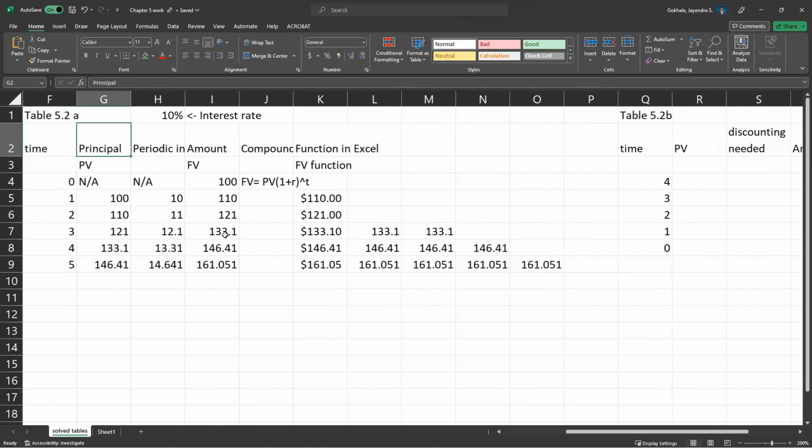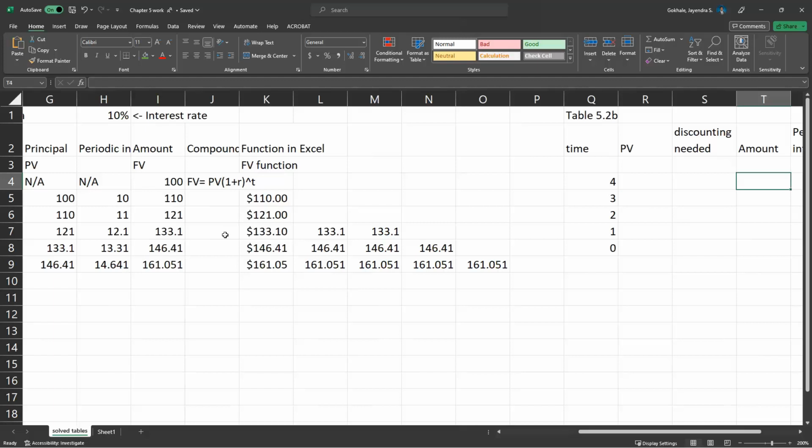So $100 with compound interest will become 110 after 1 year, 121 after 2 years, 133.1 after 3 years, 146.41 after 4 years, and 161.05 after 5 years. Now what we're doing is we're bringing it back from 161.05 to today. And so this is bringing it from 5 to 4.